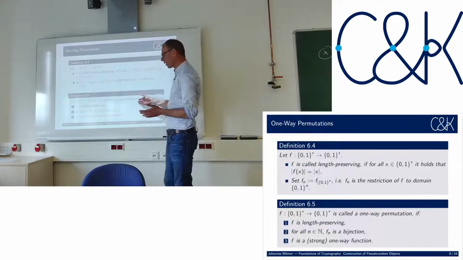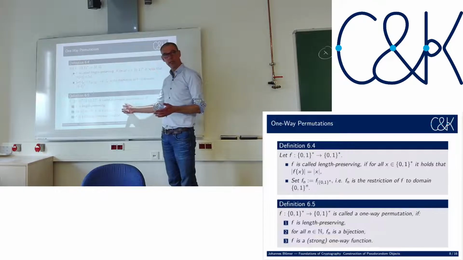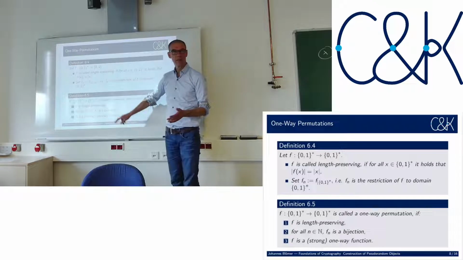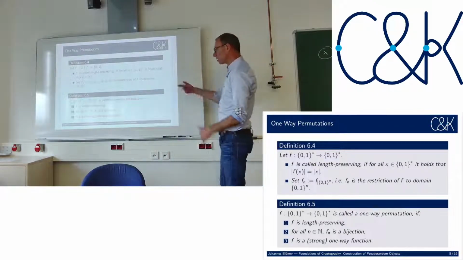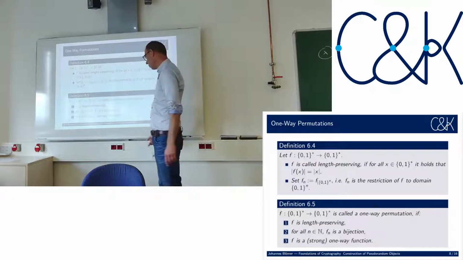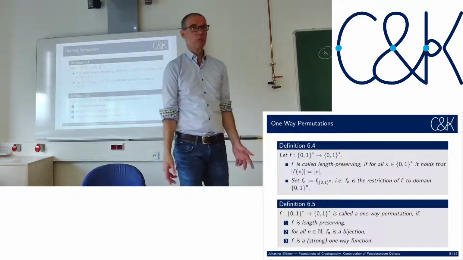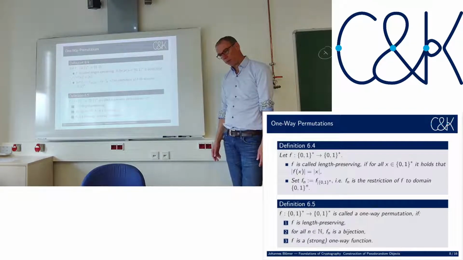As you can easily see, these two things are satisfied if f is length preserving and it's a bijection, because then this here is immediate. It just permutes the elements, and we also want it to be a one-way function. A permutation is a function, so we can obviously apply our previous definition.